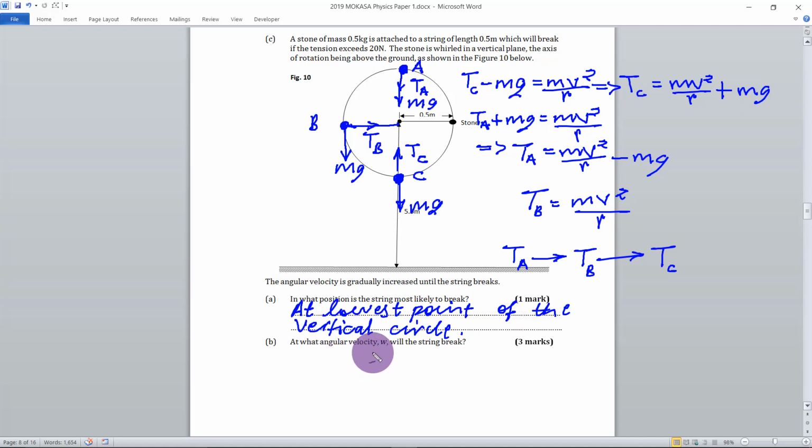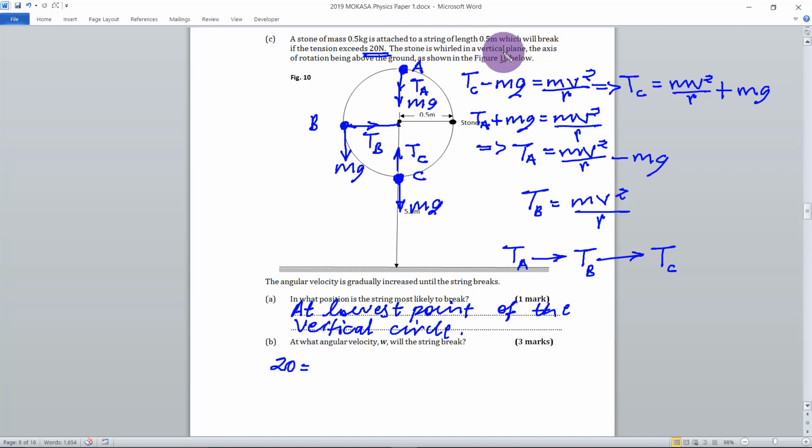At what angular velocity will the string break? We are told that the string breaks when the tension in it is just equal to 20 newtons. So we are going to use that information here because it breaks at this point, and we'll say that Tc, which is 20 newtons, is equal to mv squared over r.